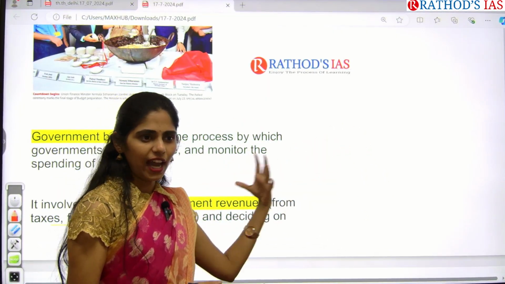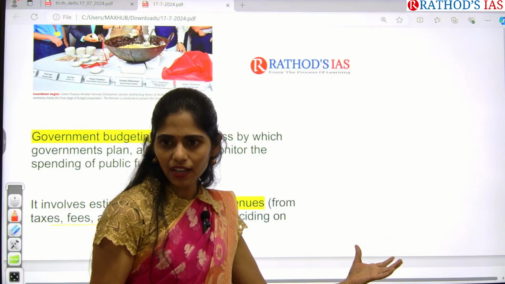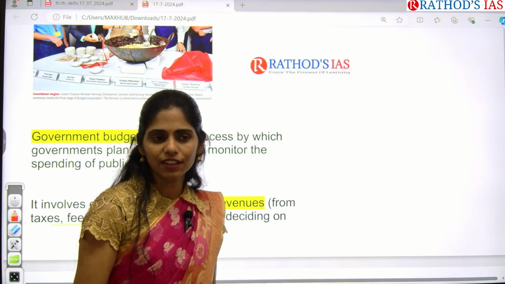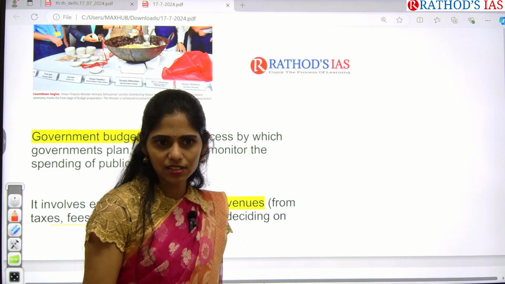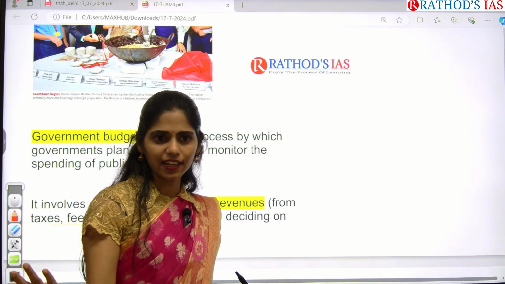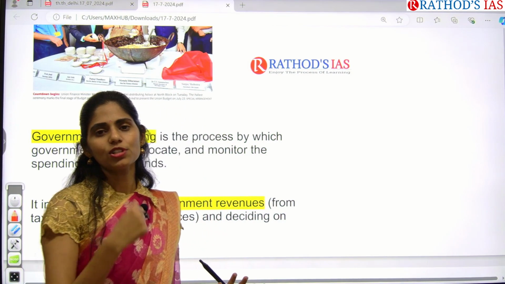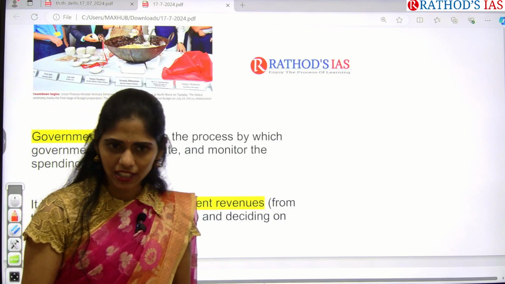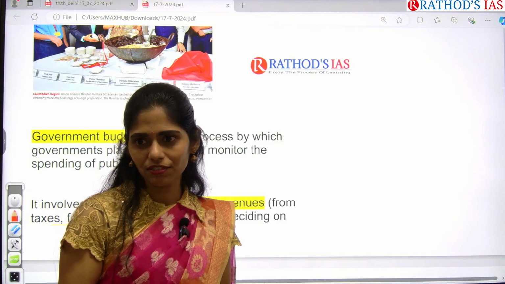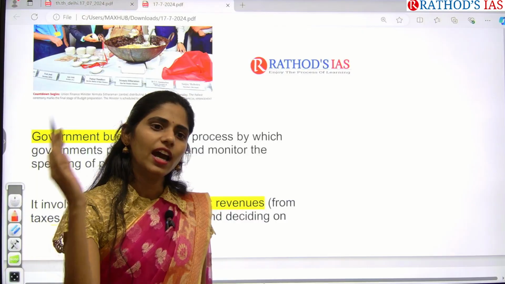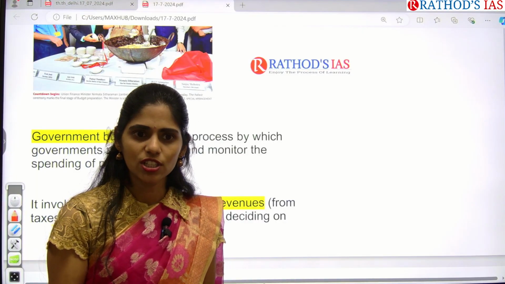Everywhere we have expenditure and revenue parts. And from where is the government getting revenue? From taxes, like indirect taxes and direct taxes. Can you tell me examples of direct taxes? Income tax, corporate tax, gift tax, wealth tax, etc. And for indirect tax, GST.